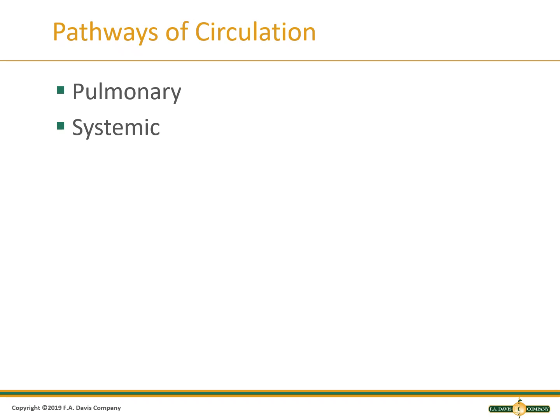Okay, so systemic circulation begins in the left ventricle, flows through the aortic valve into the aorta. From the aorta, we branch off into the coronary arteries and the arteries of the body, flow to the tissues, into the capillary bed where oxygen is dropped off, carbon dioxide is picked up.